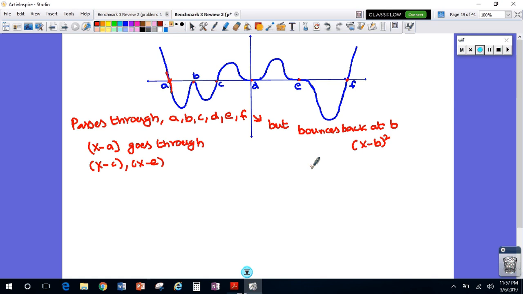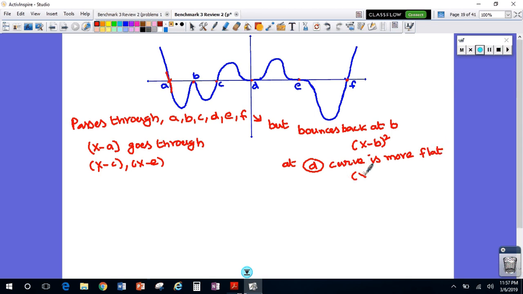And it bounces back at D also. But you see at D it is flatter. At D, the curve is more flat.